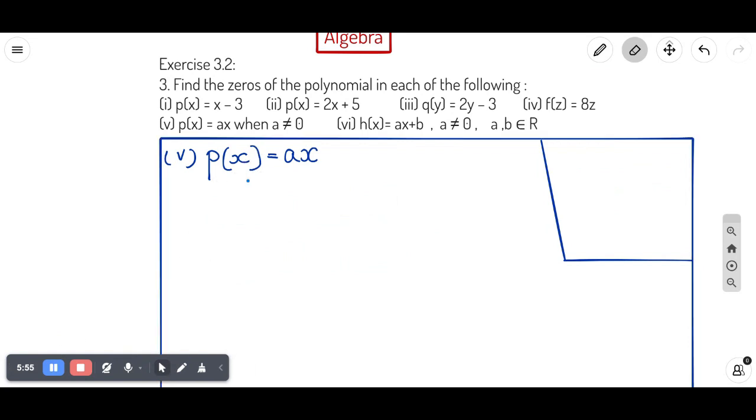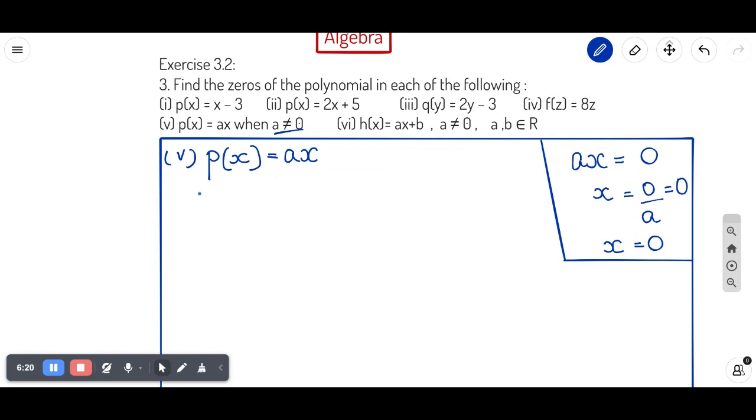Next question is p of x is equal to ax. So what I did was, you have to take the polynomial and equate it to 0. So what you get here is x is equal to 0 by a. They have given perfectly that a is not equal to 0. So you can use this method for sure. So 0 by a is equal to x is equal to 0, because 0 by a is 0.